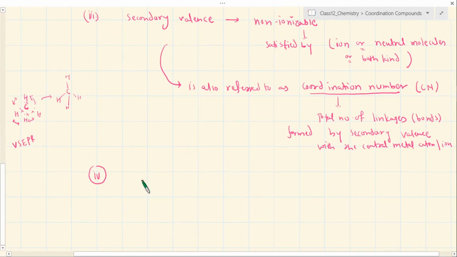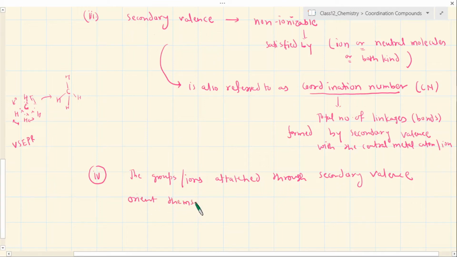Here also in coordination compounds, the groups or ions attached through secondary valence orient themselves such as to minimize the repulsion between them.